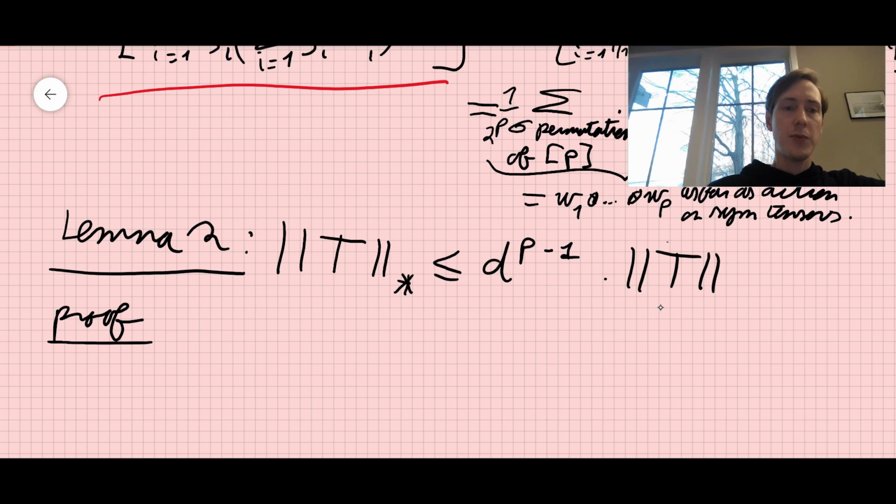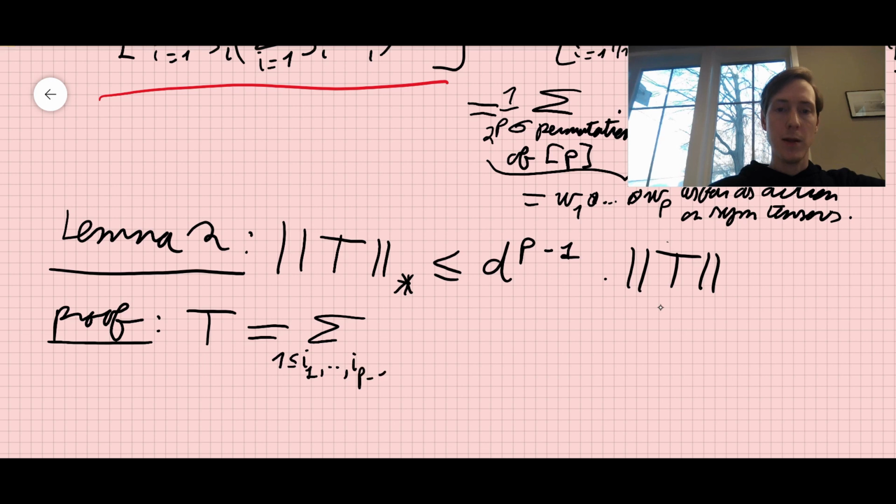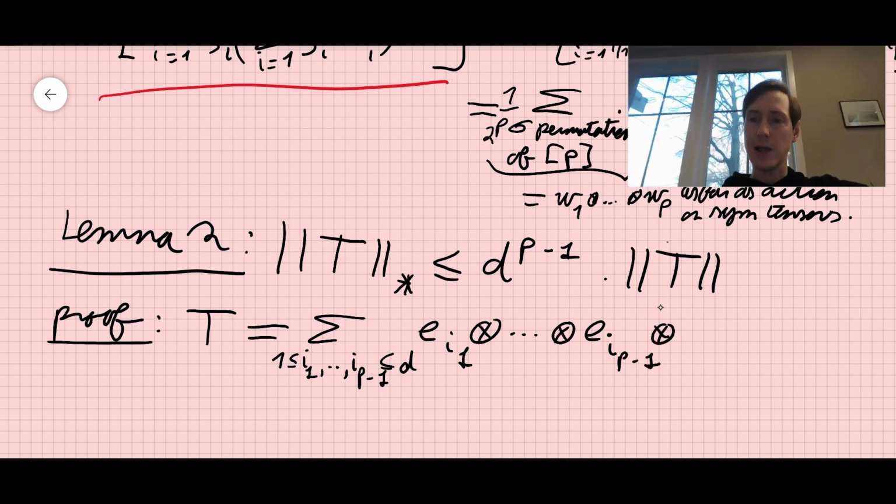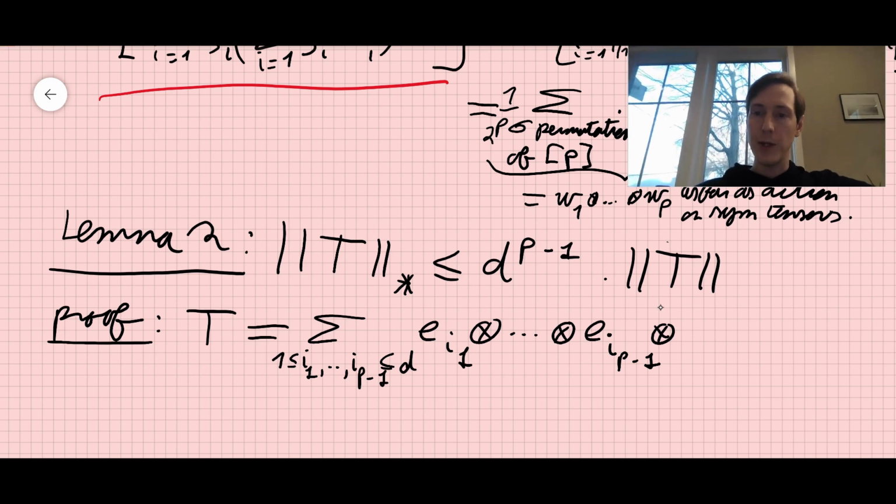So for this proof, I'm going to take a decomposition into non-symmetric tensors that we had before. So it's a sum for I1 up to IP minus 1 between 1 and d of EI1, the I1 vector of the canonical basis, times EIP minus 1, times the vectors that I see in the slice I1 up to IP minus 1.